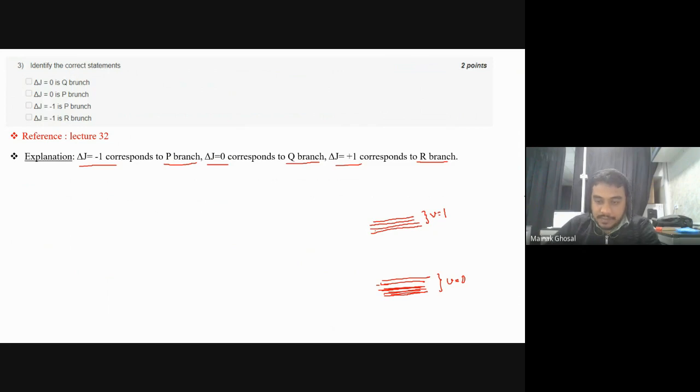Now, if there is a transition in this way, from this level to this level, this is a straight arrow.